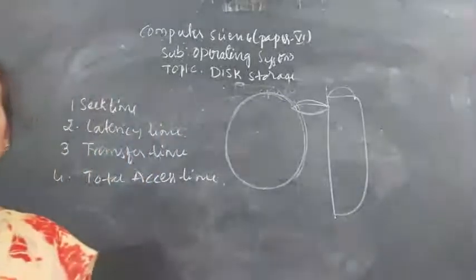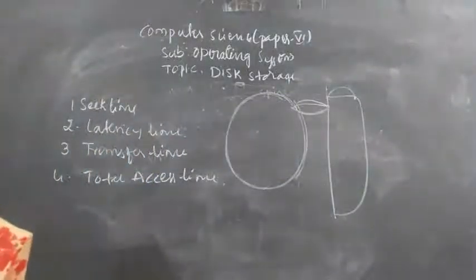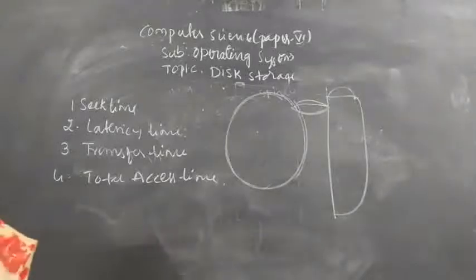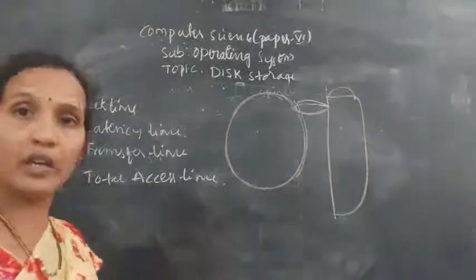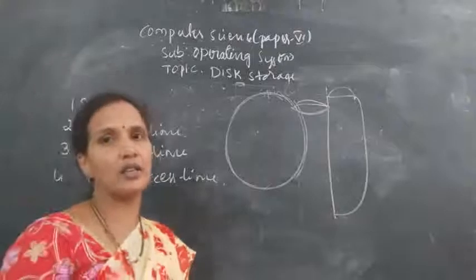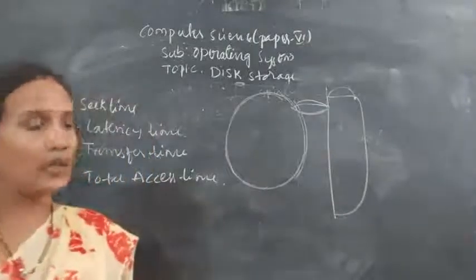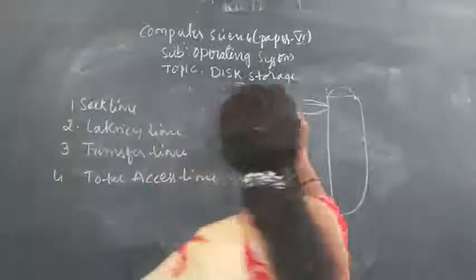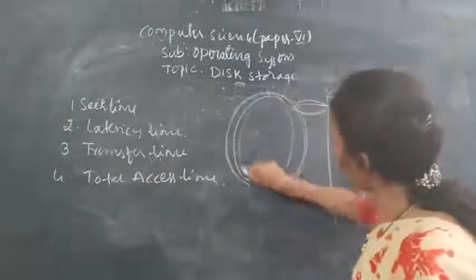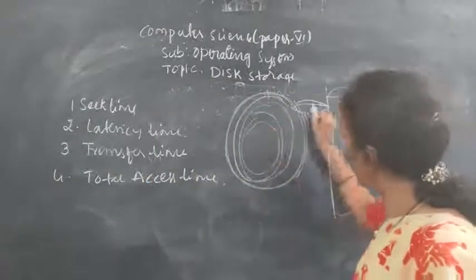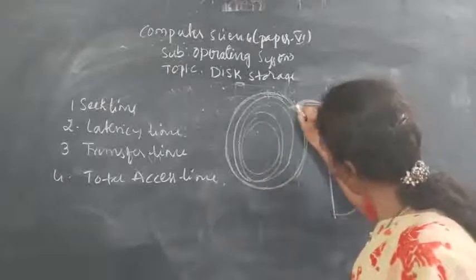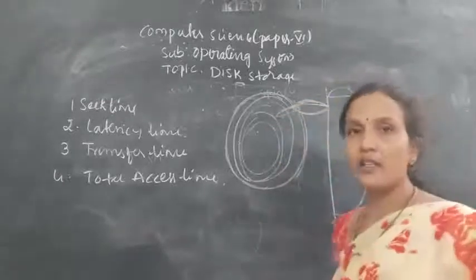Whatever time is required to move ahead to the required track is called the seek time. These are the tracks, no? So whatever time is required to move to a particular track, for example this one, that is called the seek time.